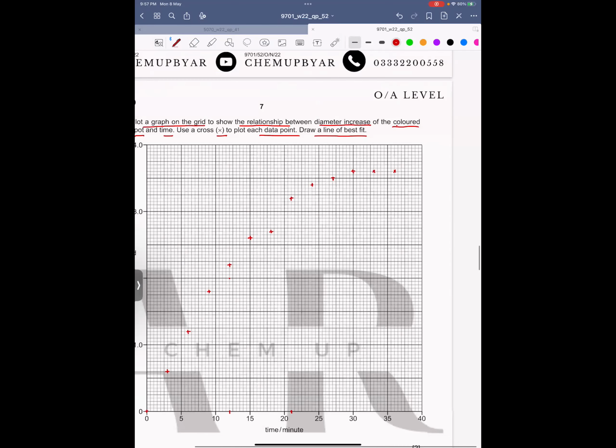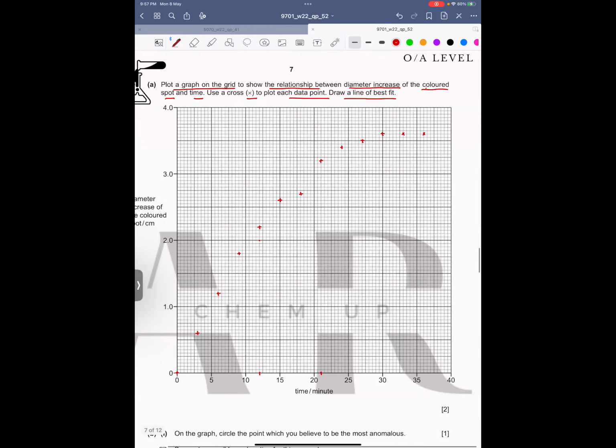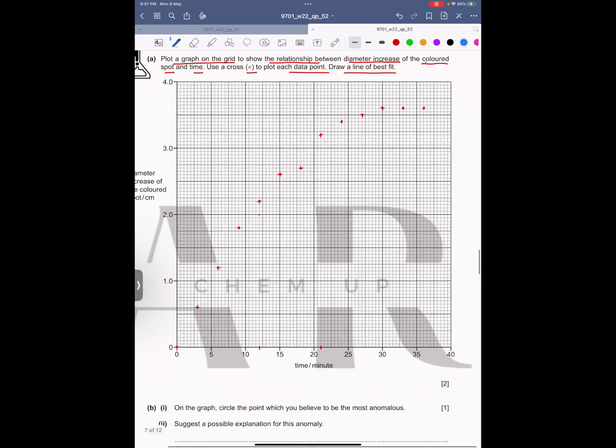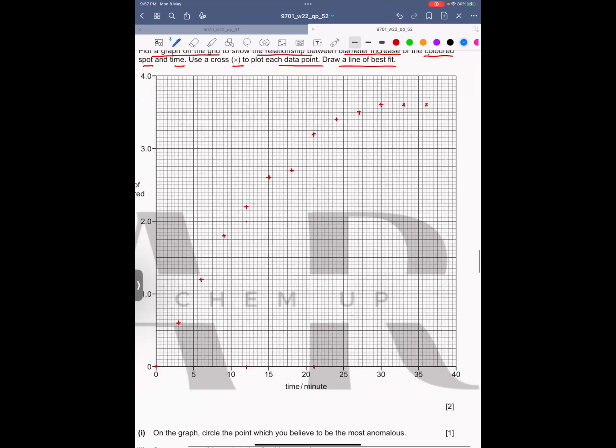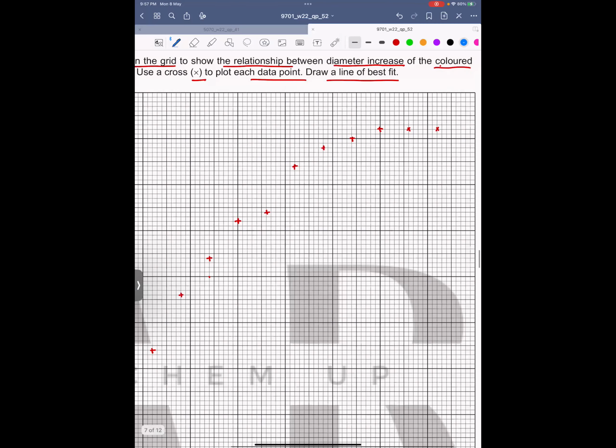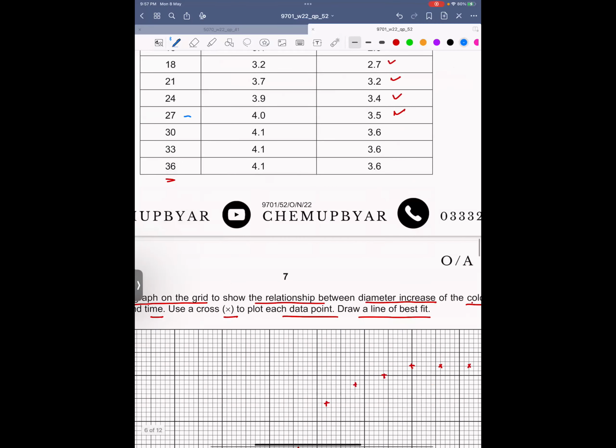Draw a line of best fit. Okay, so we have to draw a line of best fit. So here in this case, if first checking this one, after 25, it's 27 and 3.5.